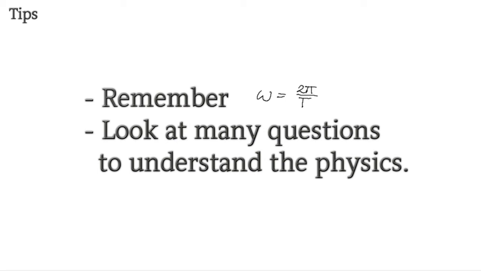It's helpful to look at a lot of past questions, especially past paper ones, to understand how to use F equals ma to derive these equations, because for simple harmonic motions they will always give you a case study scenario rather than just a bunch of numbers that you need to calculate.